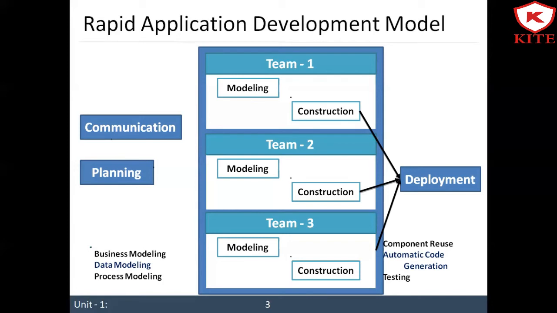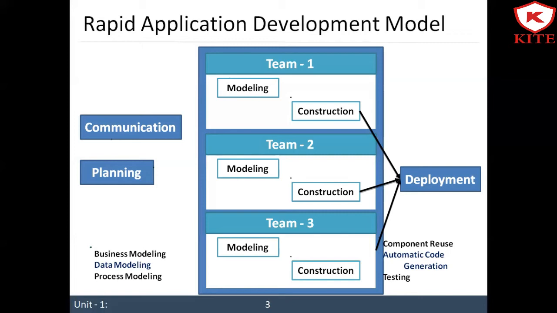There are many teams involved in developing the software. So many development teams are working on the same project in parallel on different system functions.